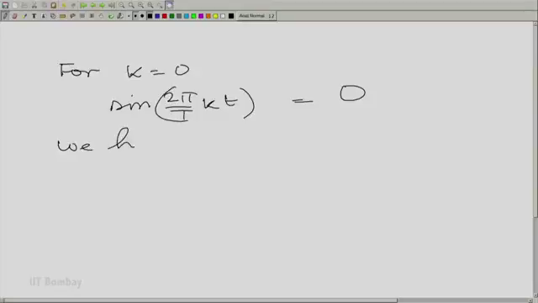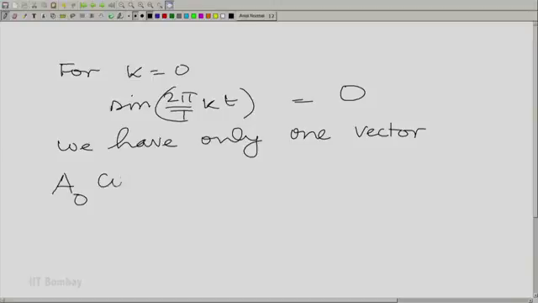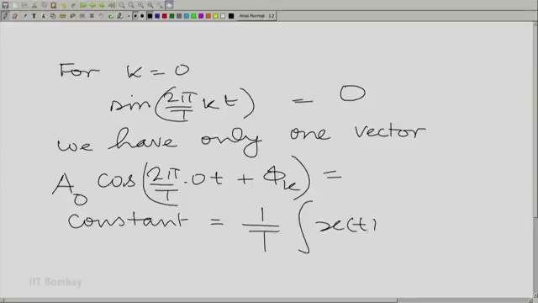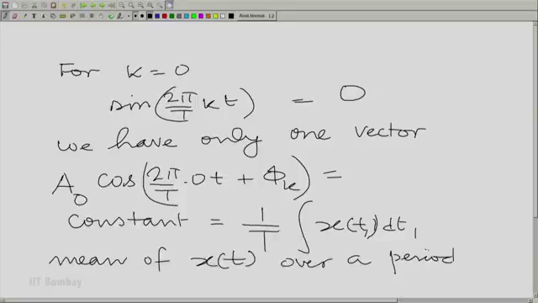We have only one vector there, and therefore a_0 cos(2 pi by T times 0 t plus phi_0) is essentially a constant, and this is equal to 1 by T times the integral of x(t1) dt1, essentially the mean of x(t) over a period. So, we can get the so-called 0th component by just taking the mean. Now we have all the wherewithal to calculate the sinusoidal components of a periodic signal.